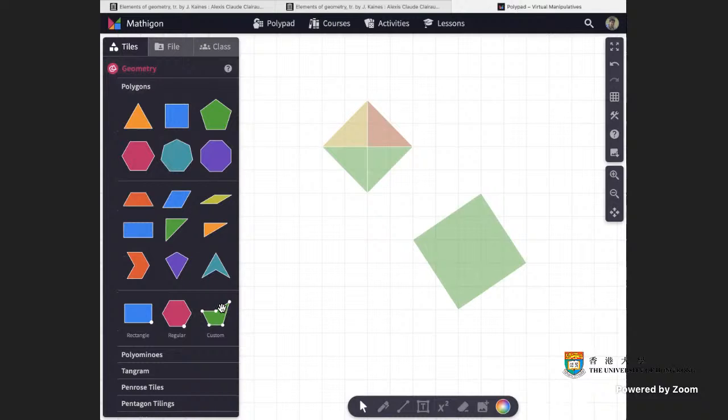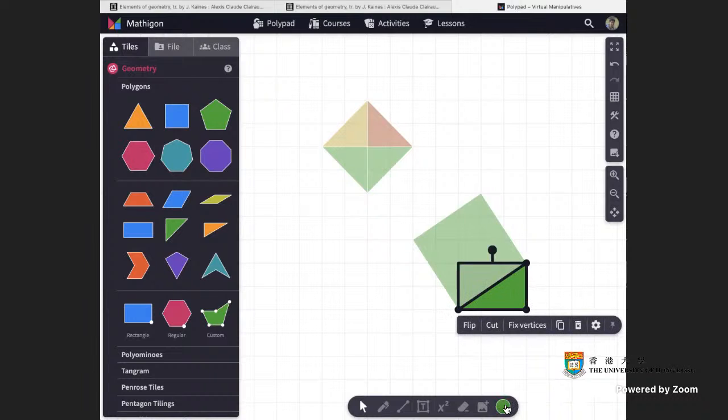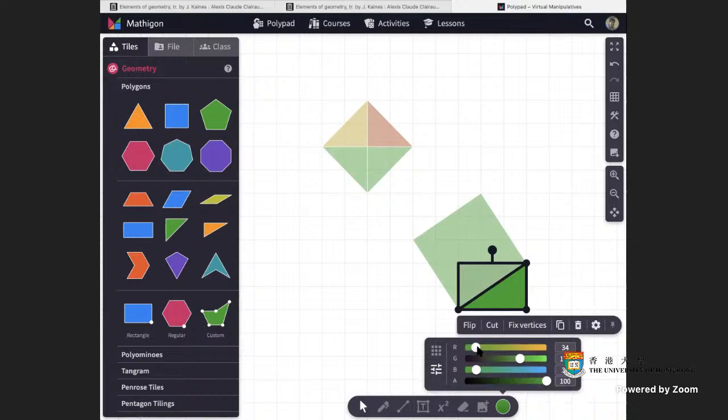But of course, I hope they will also appreciate some reasoning like this. We can fit a right-angled triangle below it, making good use of the provided square grid. I can turn it into another color.